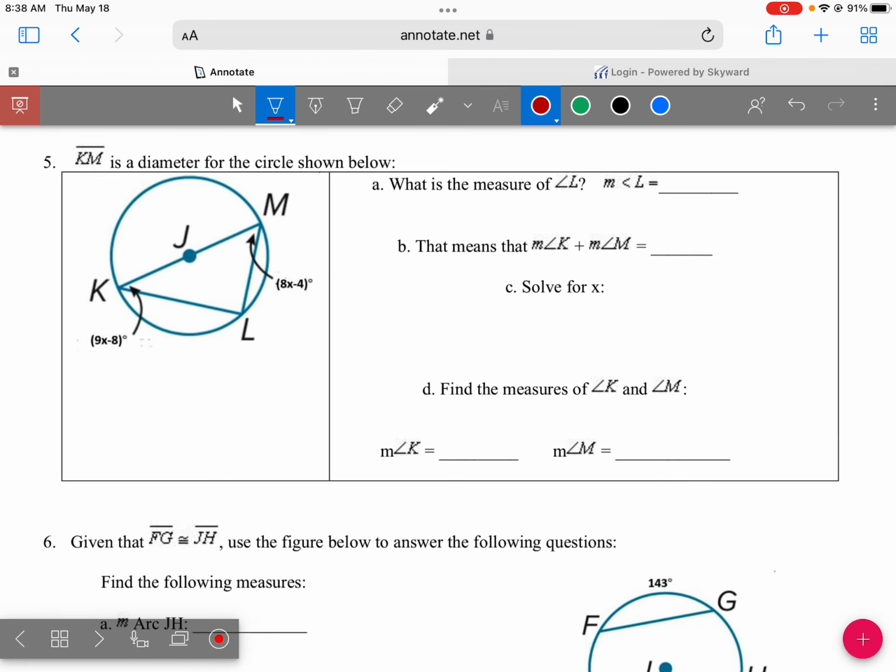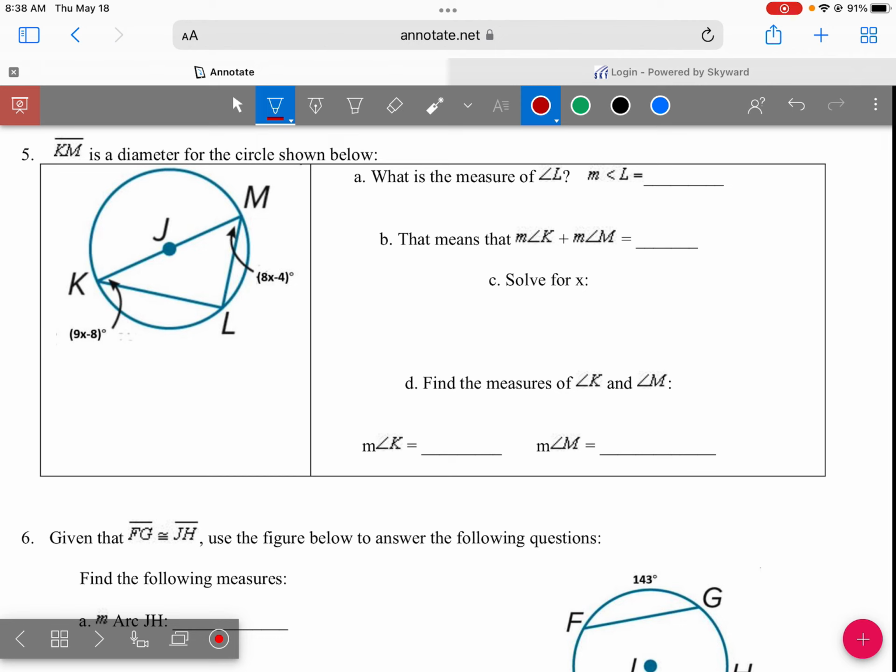Number 5. This is a good problem. Line segment KM is a diameter for the circle shown below. Diameter, okay. What is the measure of angle L? Now, before we do that, what kind of an angle is angle L?